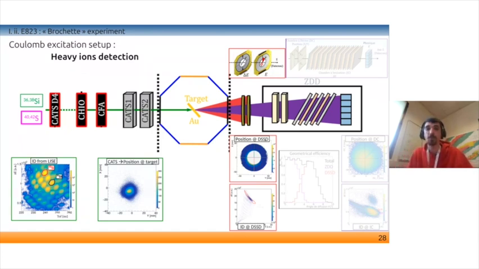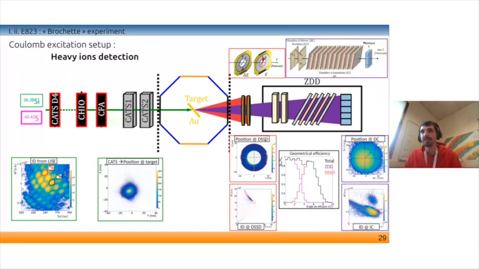DSSD was used for what we call the big angle, and a newly developed 0-degree detector was used for the lower angle, with also particle by particle identification and position reconstruction. Of course, this ensemble of DSSDs and ZDDs was simulated in order to reconstruct the geometrical efficiency of this setup.